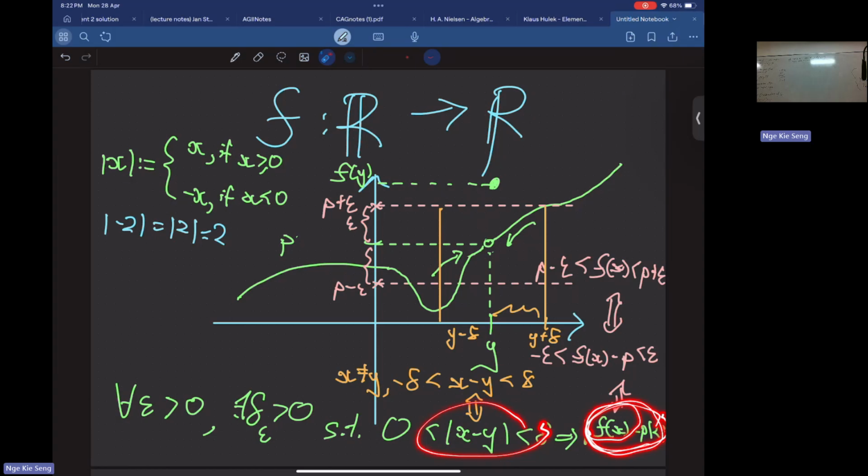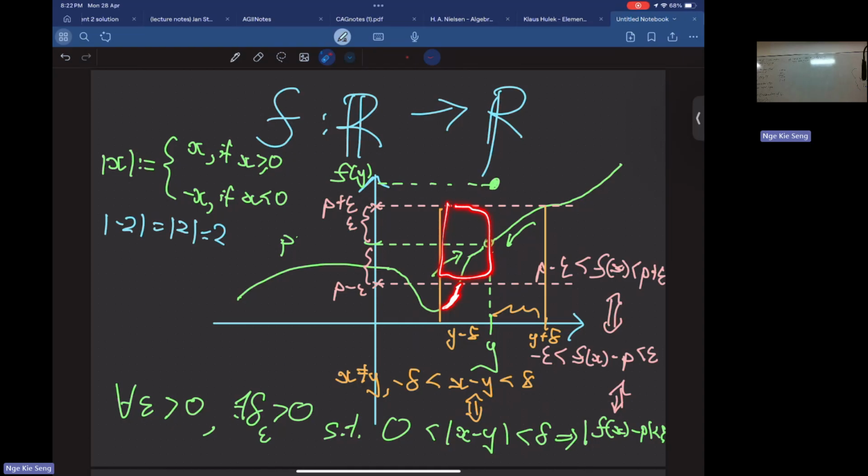1 minus epsilon. Oh yeah, right, correct. You are right. Actually this point itself does not lie inside the epsilon range here. But we don't really care about that point, since we are not taking y minus x equal to y minus delta, it's strictly less than. But you can see that all these points lie outside the epsilon range here.